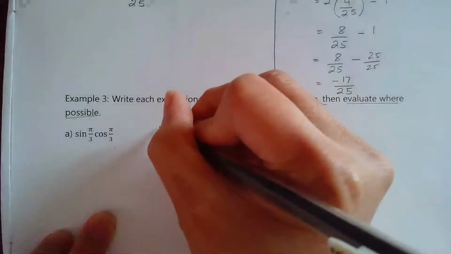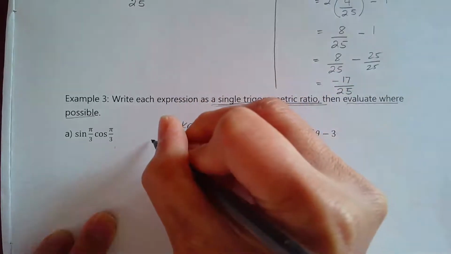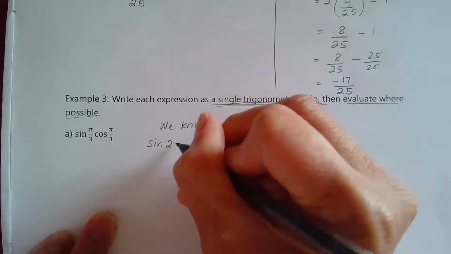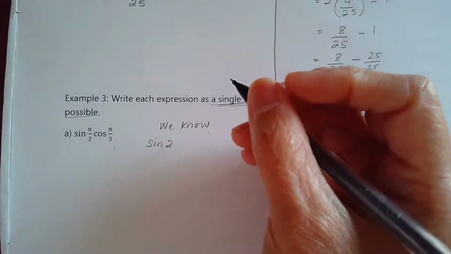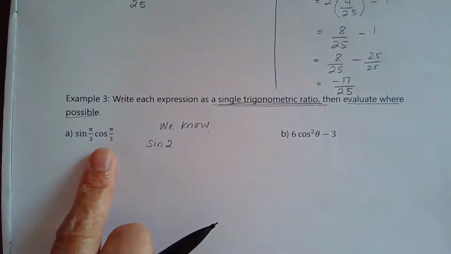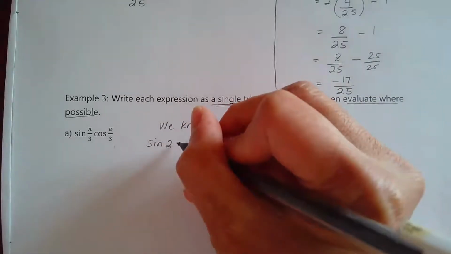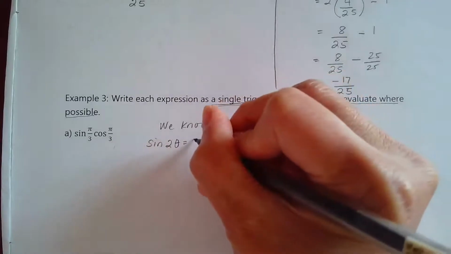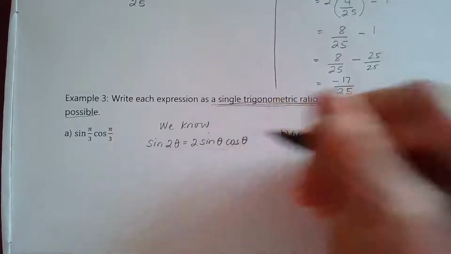We know that sine 2 times pi by 3. Well, this one's pretty easy. We can evaluate it as it is, but they want us to write it as a single trig ratio. We know sine of 2 theta is equal to 2 sine theta cos theta.